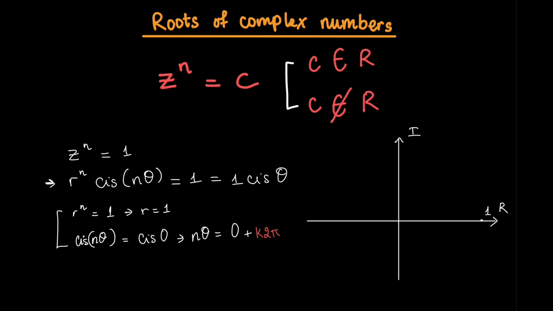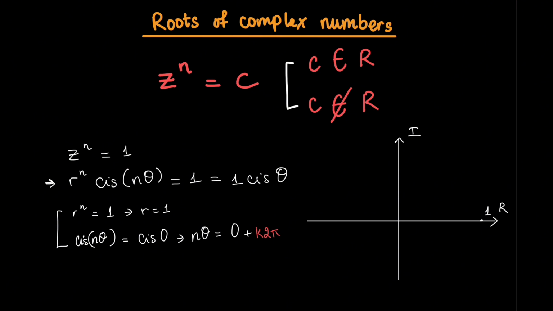Based on the Argand diagram, we can see that 1 is basically equal to 1 cis of 0. Equating both sides, the modulus equals the other side's modulus, so r to the power of n is equal to 1. So we can deduce r is equal to 1.